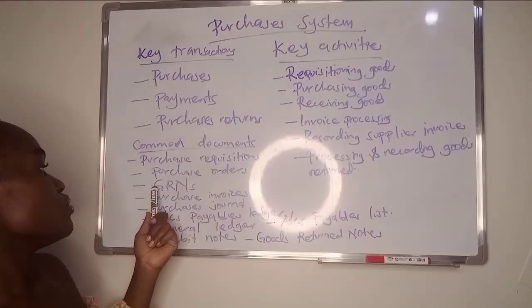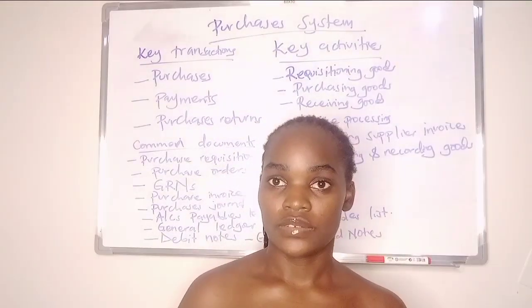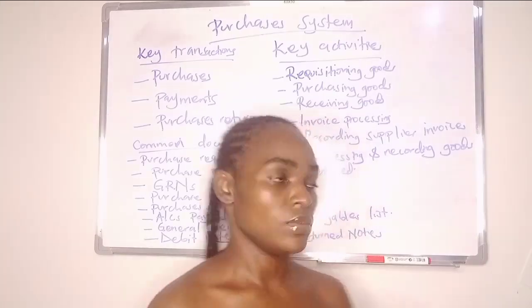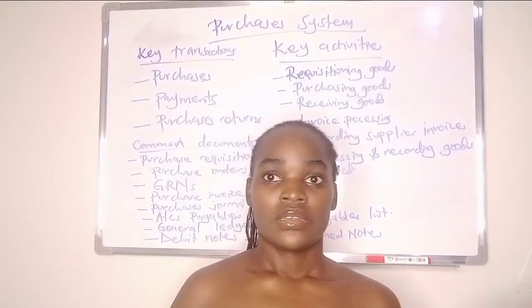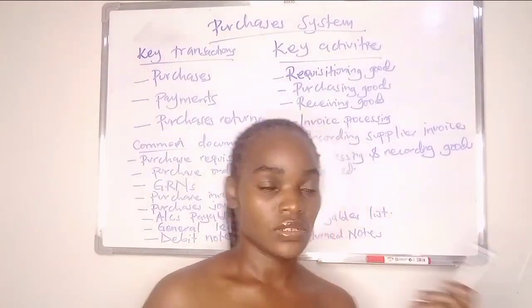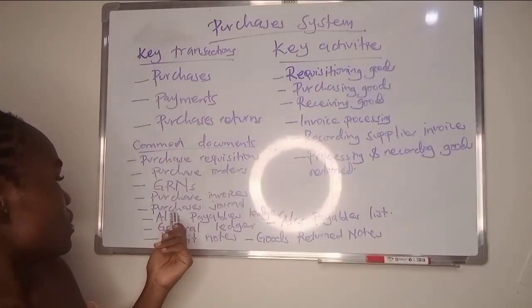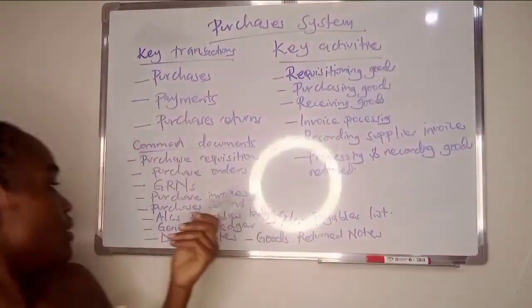Then we have the goods received notes. These show that you've received the goods that you ordered for. Then the purchase invoices, it is a request for payment of the goods you received. Then the purchases journal, it records the purchases.